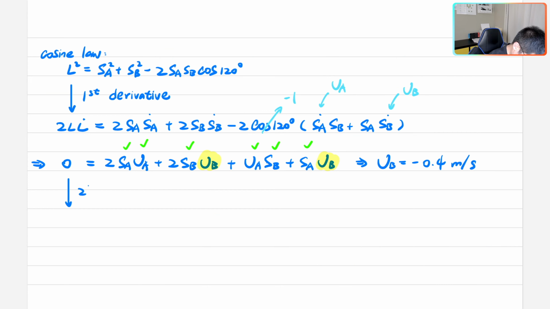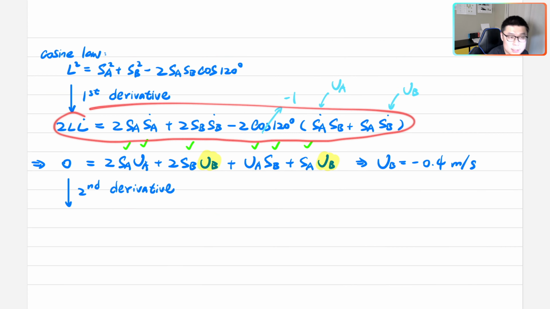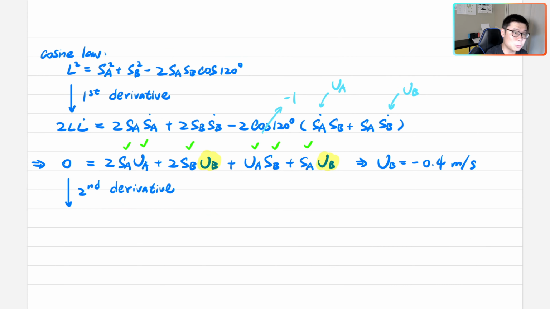We'll call this the second derivative. The first derivative gives you the velocity relationship. The second derivative will give you the acceleration relationship.